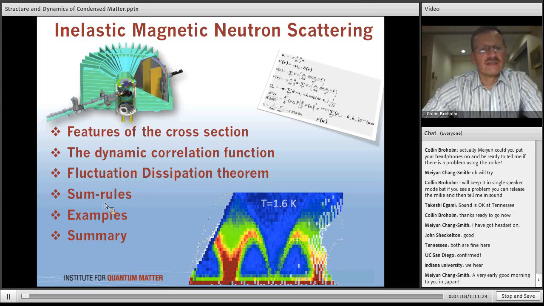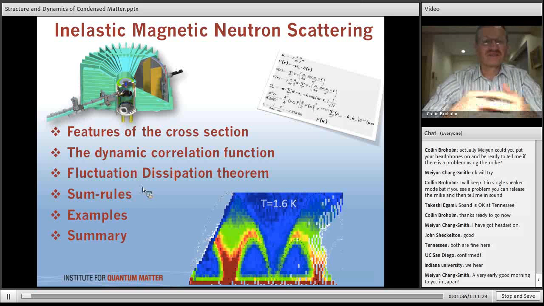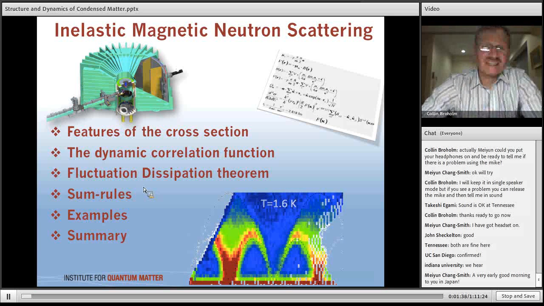And actually, one of the main points that I wanted to make in this lecture is that it's quite important for the experimental neutron scatterer to be well aware of these various mathematical parts, because experiments are hard enough, and they typically have various problems that we have to deal with, and the materials that we look at are very complicated.